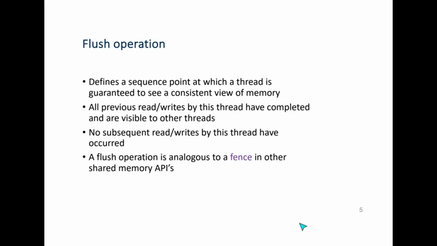It also means that at this point, no subsequent reads and writes by this thread have occurred. OpenMP terminology is a bit odd; this is usually referred to as a memory fence in other shared memory APIs.